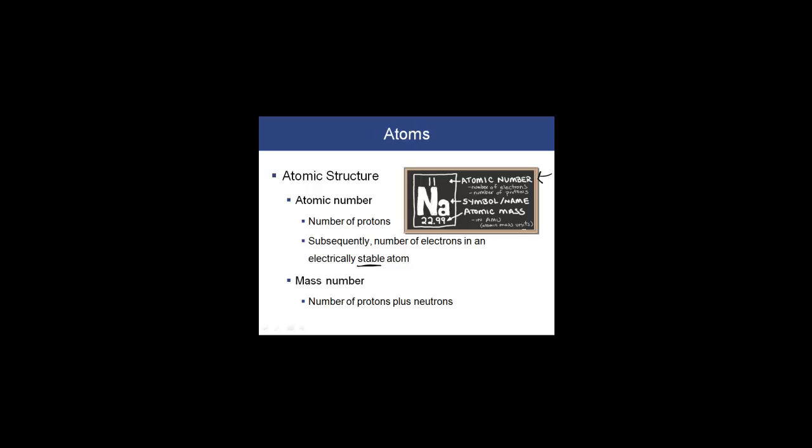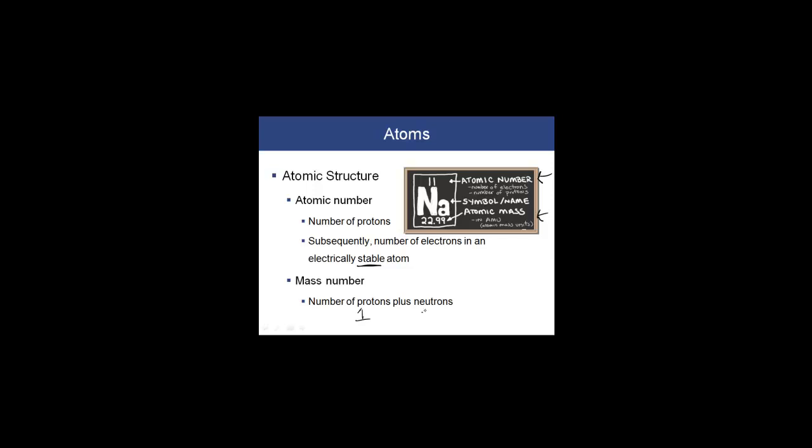We also have a number, often at the bottom or underneath the symbol on the periodic table of elements, called the atomic mass, or the mass number. And this represents the number of protons plus the number of neutrons. What is the weight of a proton? 1 atomic mass unit.